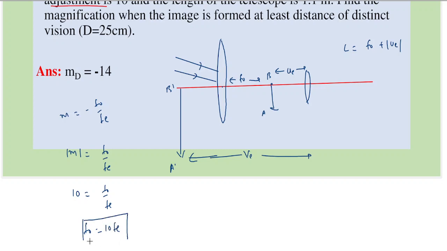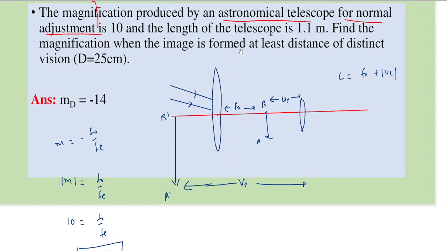But both are unknown to us. What is given is that the length of the tube is 1.1, but this is when the image is formed at infinity. We learned in theory classes that whenever the image is formed at infinity, for a lens, it means that UE is equal to Fe, because a lens has two focus points, and if the object is kept at one focus, then the image is formed at infinity.